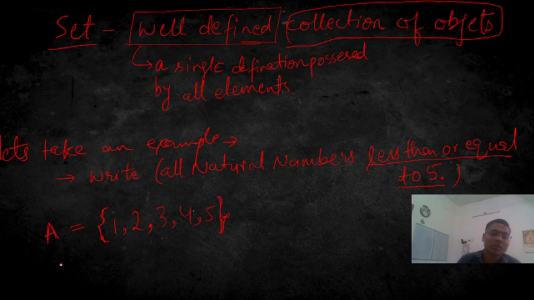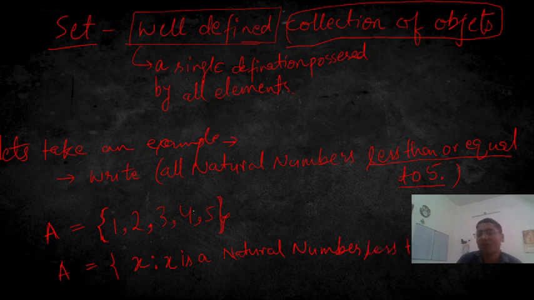You can also write this as x such that x is a natural number less than or equal to 5. So you can either list the elements, or represent them in a statement.